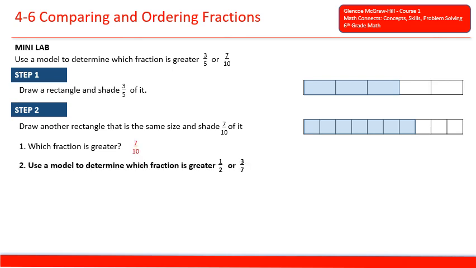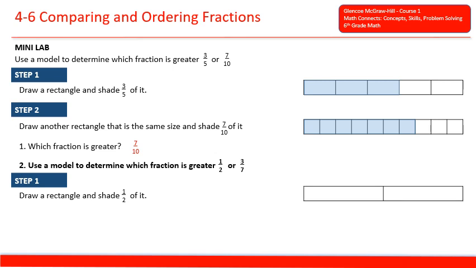7/10. Use a model to determine which fraction is greater, 1/2 or 3/7. You may have an idea right off the bat, just based on the numbers, which one's greater, but let's look at it in terms of a model. So draw a rectangle and shade 1/2 of it. So there's a rectangle split into halves, and we'll shade 1/2.